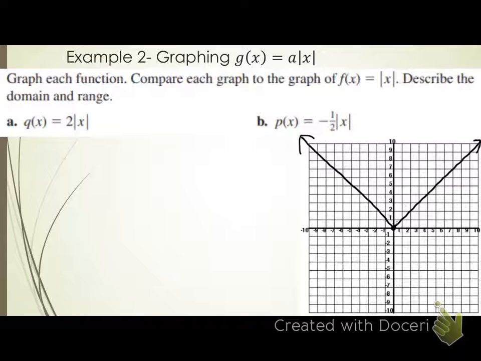Okay, so if my a value was greater than 1, we saw that it's a vertical stretch, correct? If my a value is in between 0 and 1, it's a vertical shrink. If I had a negative on the outside of the grouping symbols, what did that do to my graph? There's 2 transformations going on here.